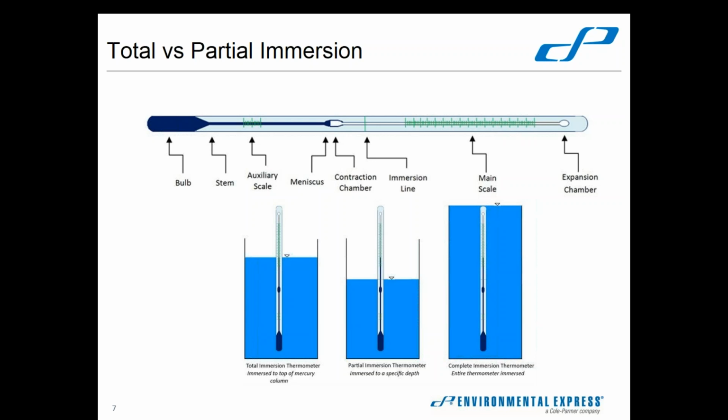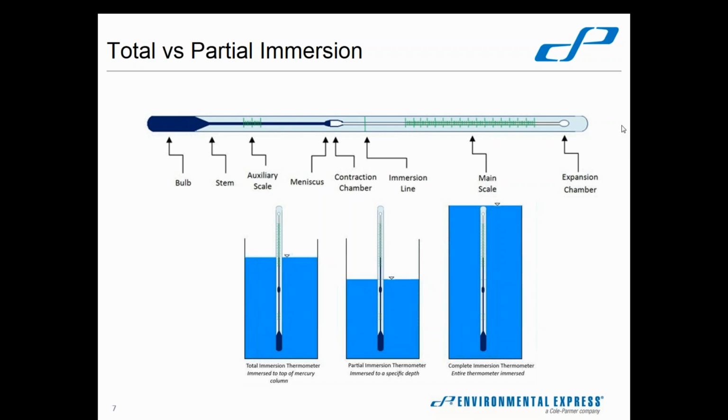And so partial immersion thermometers, if you look at the image on the top, let me get my pointer tool out, right here. So this line that's indicated on this thermometer is the immersion line. And with a partial immersion thermometer, what you are supposed to do, as you see down here in this middle image, you can kind of see that line there.